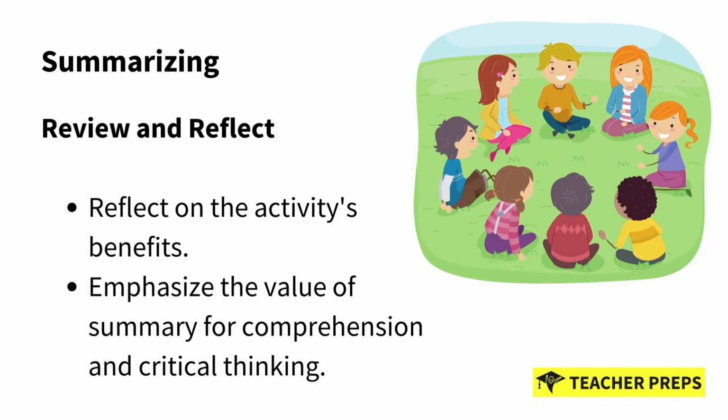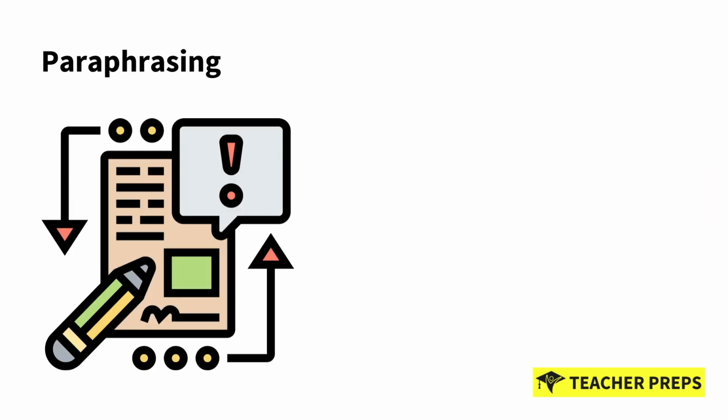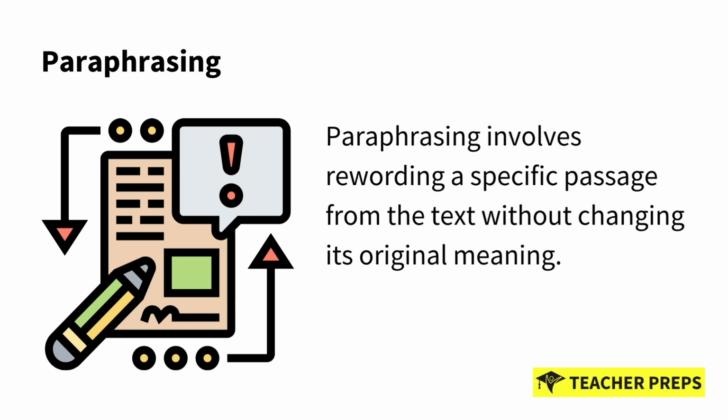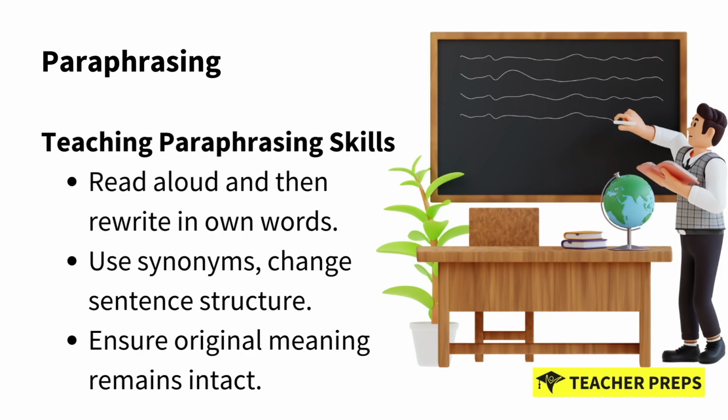All right, great. Now let's move on to paraphrasing, which is rewording a specific passage from the text without changing its original meaning. In order to teach our students this skill, we can start with a read aloud and then demonstrate how to rewrite what we just read in our own words.